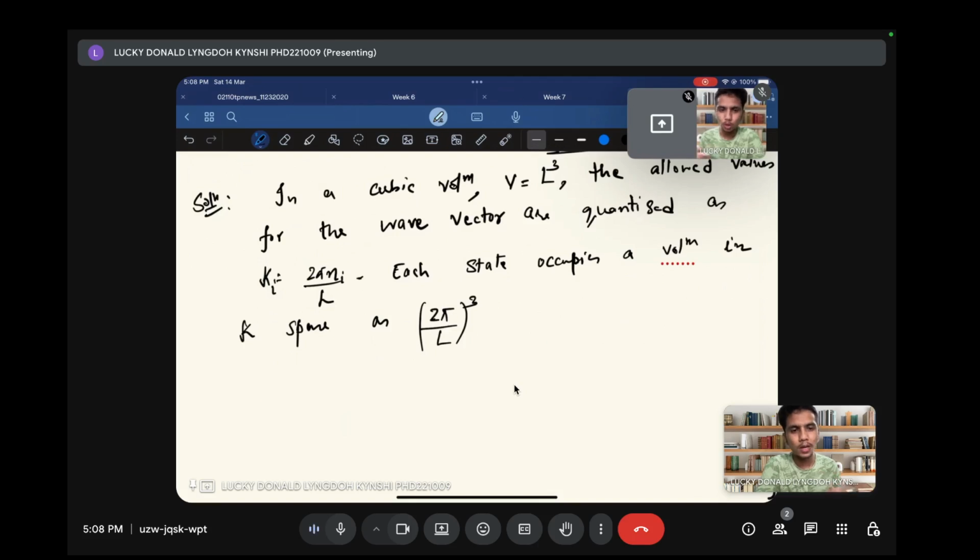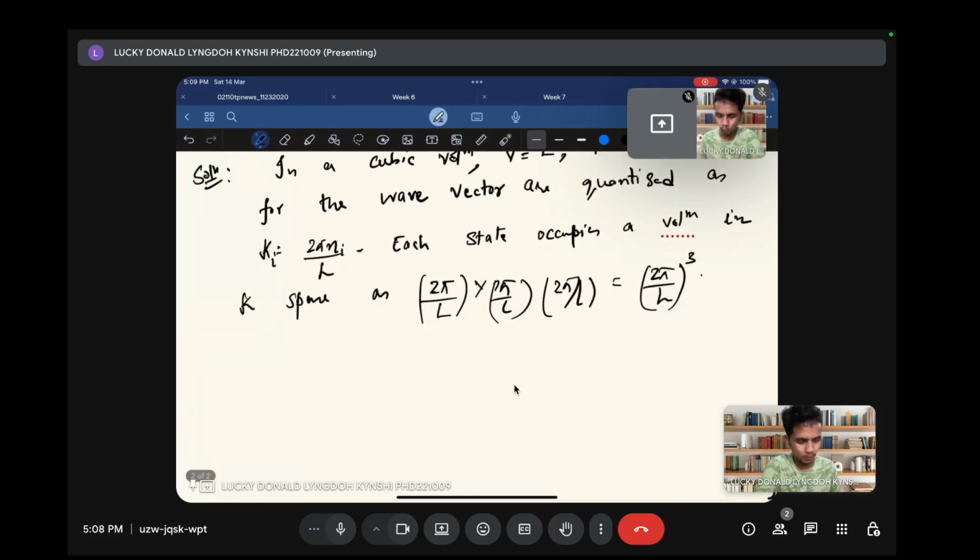That means 2 pi by L cross 2 pi by L cross 2 pi by L, because we are talking about 3 dimensions. 2 pi by L is for 1 dimension, so in 3 dimensions you have 2 pi by L, 2 pi by L, 2 pi by L, which is equal to 2 pi by L whole cube. So now you know the volume of each state is 2 pi by L whole cube.